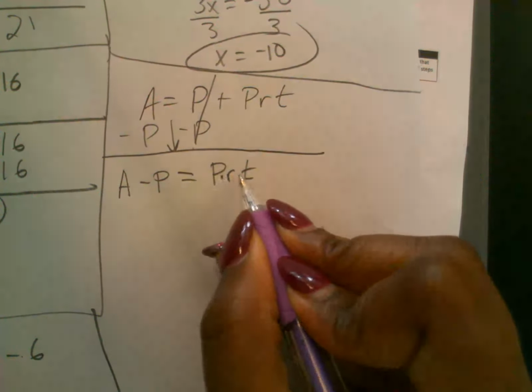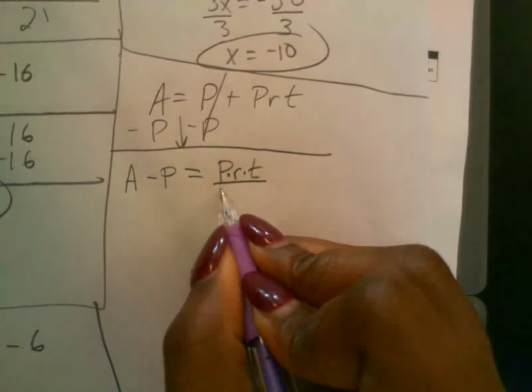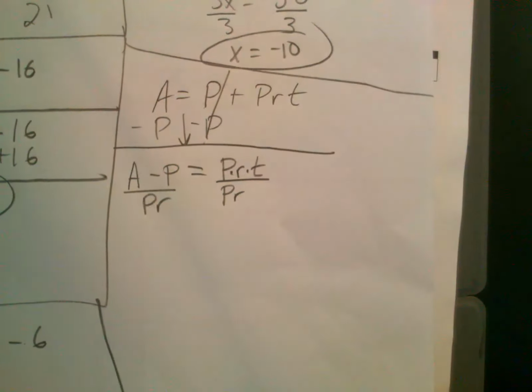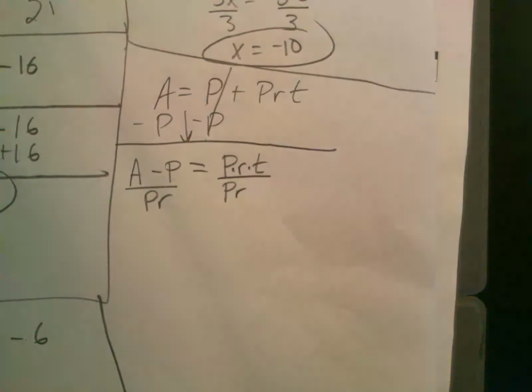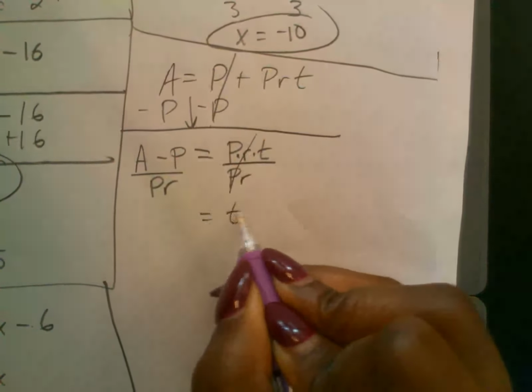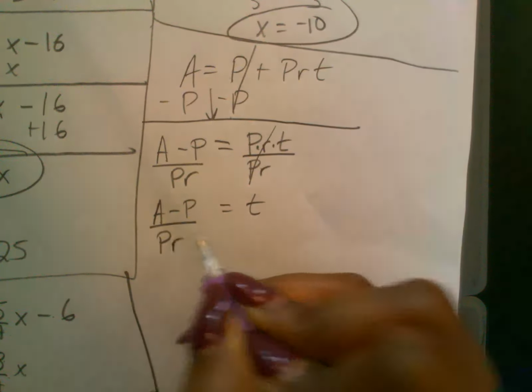This is multiplication. The way to undo multiplication is to divide, so we want to divide both sides by PR, okay? So when we divide both sides by PR, that cancels out and we're left with T. So we have A minus P divided by PR.